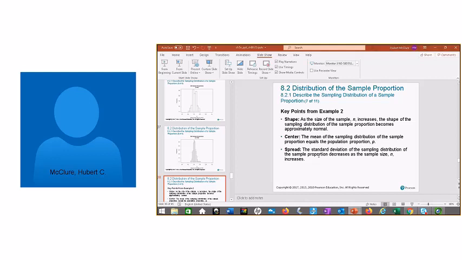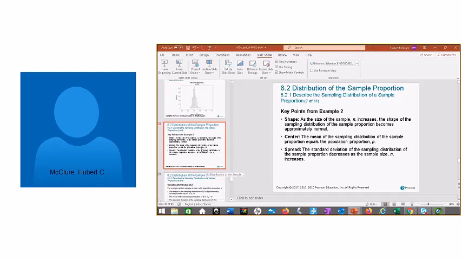And then you can compare the spread. The spread here is a whole lot smaller than the spread here. And I don't know why they're telling you that in Chapter 8. We've already discussed that in Unit 1. But anyway.